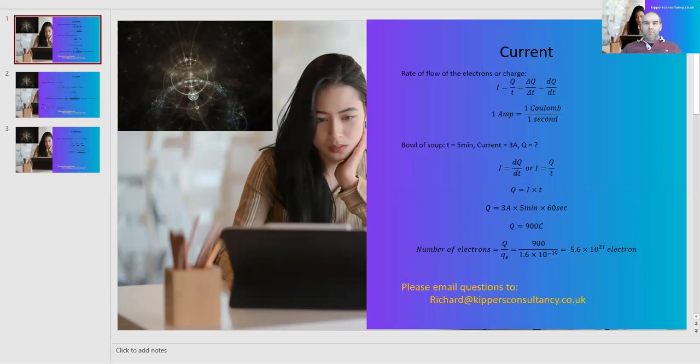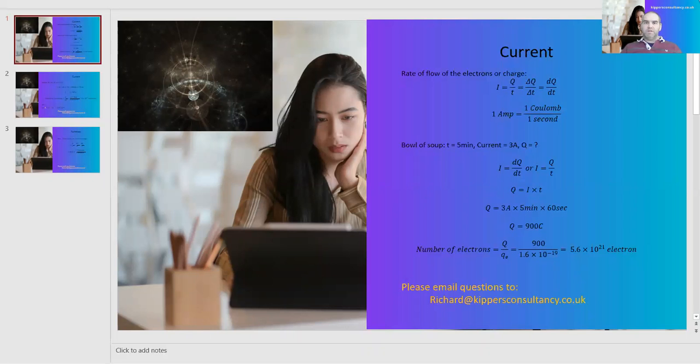We can also use the Greek symbol delta, which looks like a triangle, to represent change. So we can say that current is the change in charge divided by the change in time.